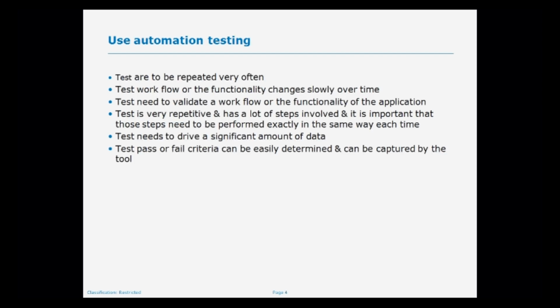Fine. Now let's see when you can use automation testing. The first and major thing we have to remember is that the application has to be stable in order to start automation testing. Until the application is stable, we cannot go for automation testing. Then the next thing is when you are supposed to perform testing on the application repeatedly.